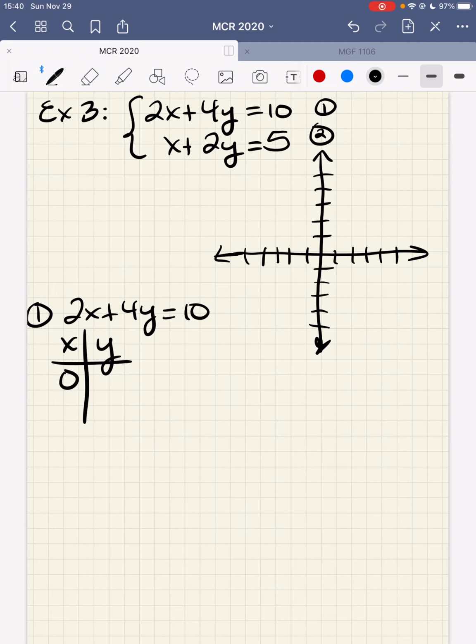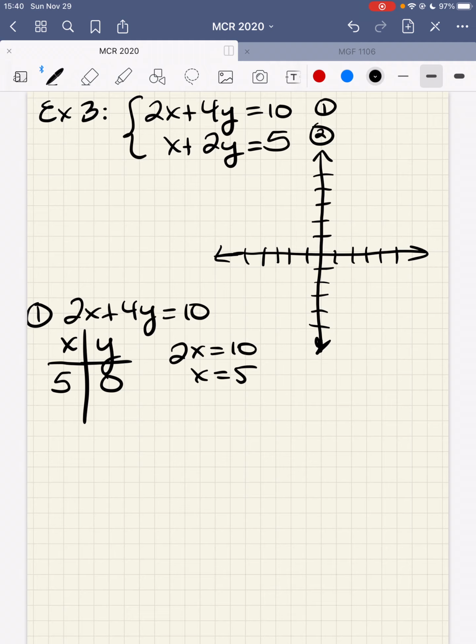So if x is 0, the 2x goes away. Oh, that could be kind of messy, so maybe we don't want to do that, because I'm going to get a fraction. So let's make y 0, because that's a nice even number. And that means I'm left with 2x is equal to 10, so x is equal to 5. That's a nice number.